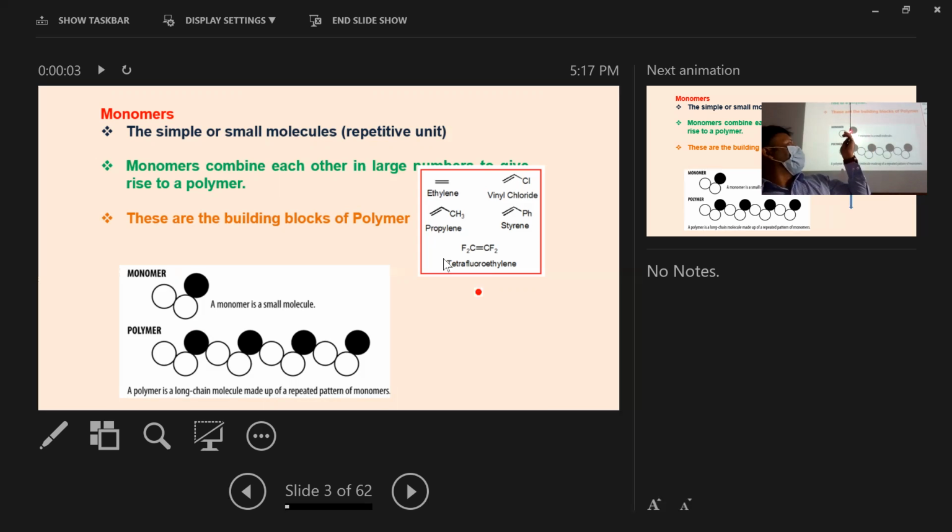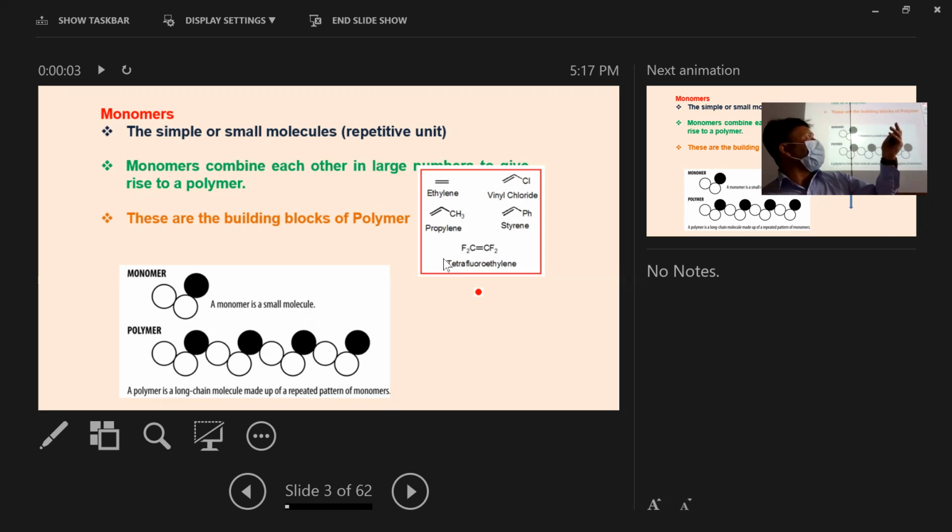this is a small unit. When this small unit combines with many other small units, then we can have a very long chain or very long molecule. So we can have this as the polymer, and this is the monomer.